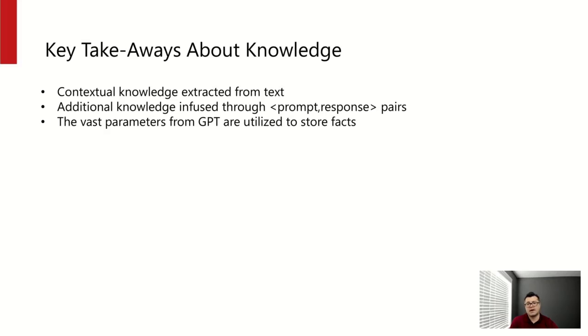So as far as going back to the question of how we are capturing knowledge, the key takeaways are basically three. One, contextual knowledge is extracted from text that it observes on the web. Just how certain words are used in sentences already provides knowledge, and it helps you construct an internal representation of words that embeds that context.